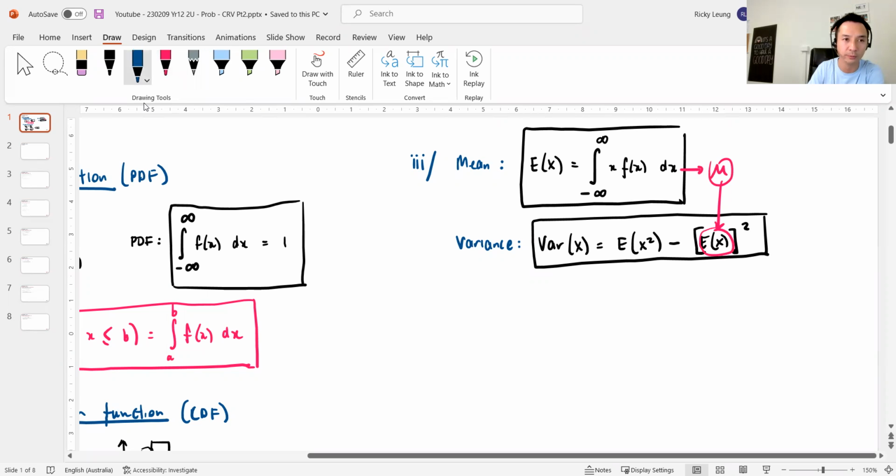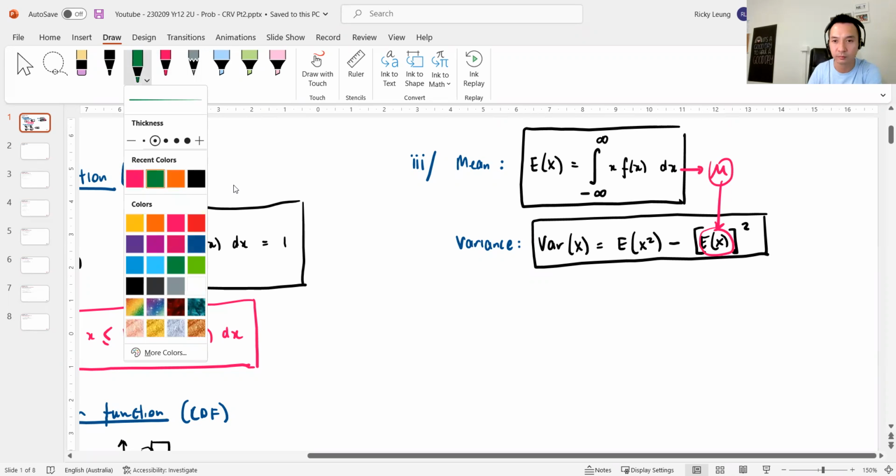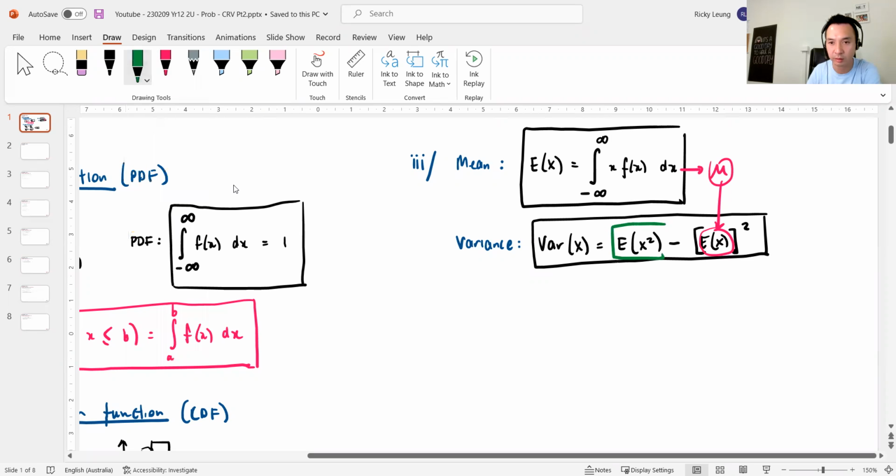This guy is essentially the same as what we did before: when it was discrete, we did the sum of x squared times p(x), but for integration it will be x squared times its probability, which is f(x) dx.